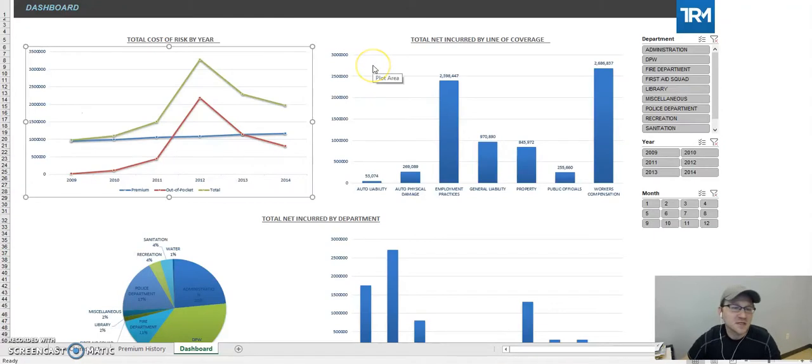I just want to start off by saying that this is version 1.0 of this dashboard. The dashboard will be evolving over time as we add some things to it. Version 1 really just focuses on claims trend analysis and overall total cost of risk and the drivers of the total cost of risk.